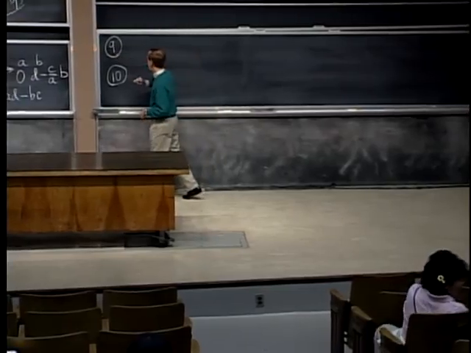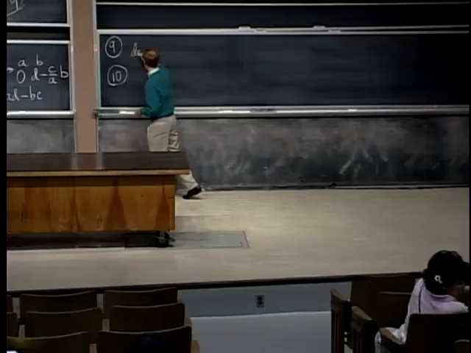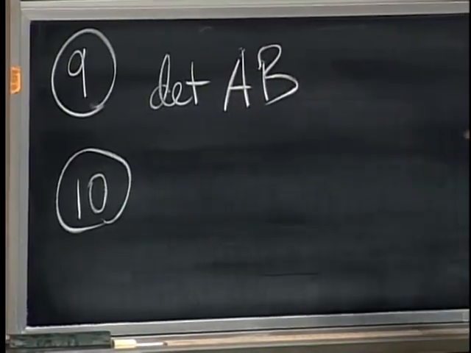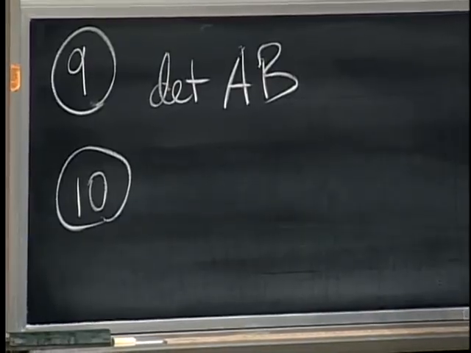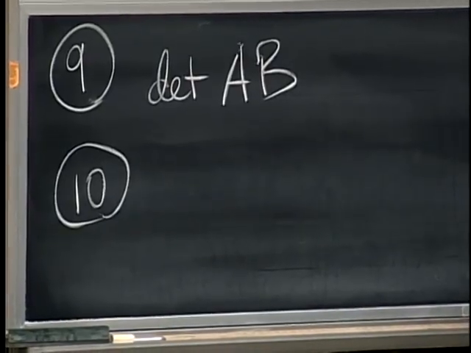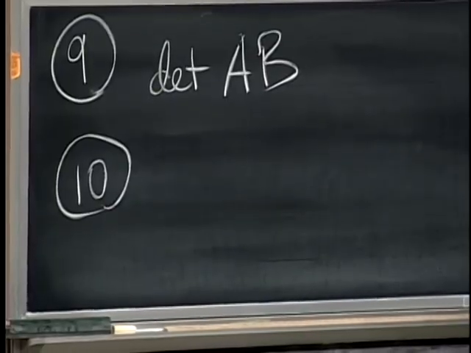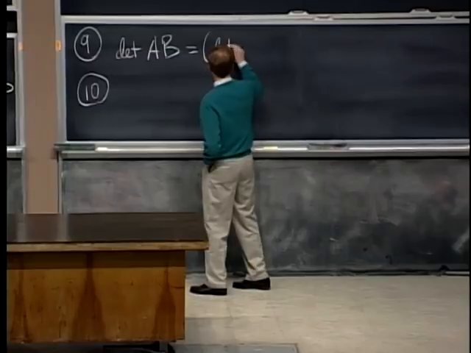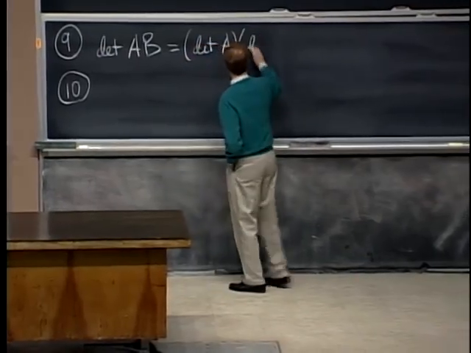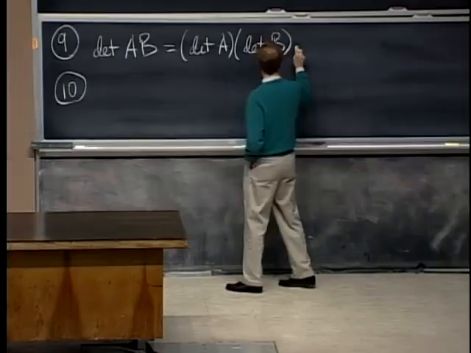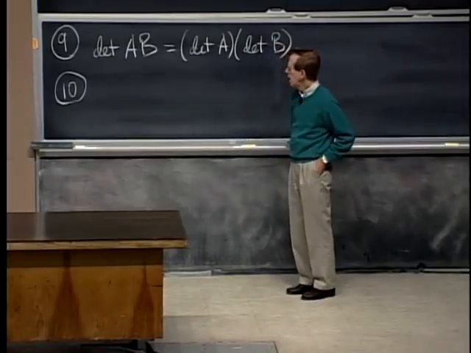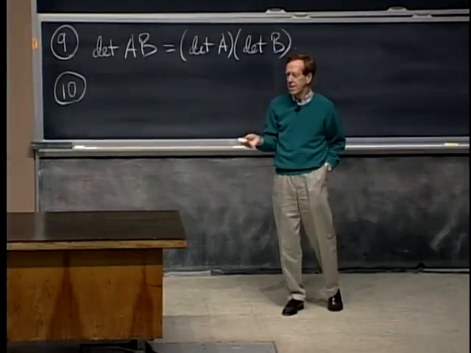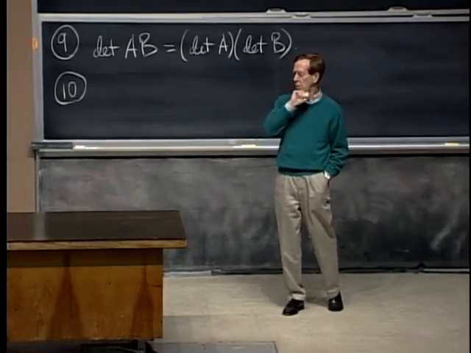Property 9 says that the determinant of a product, if I multiply 2 matrices A and B, the determinant of the product is the determinant of A times the determinant of B. And for me, that's a very valuable property.